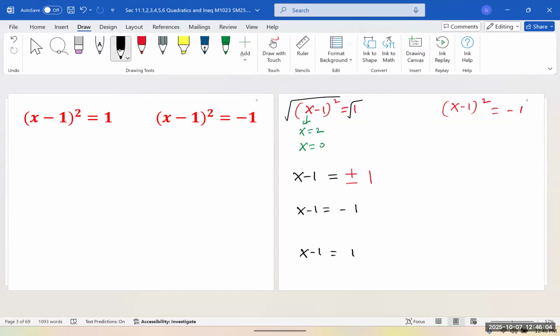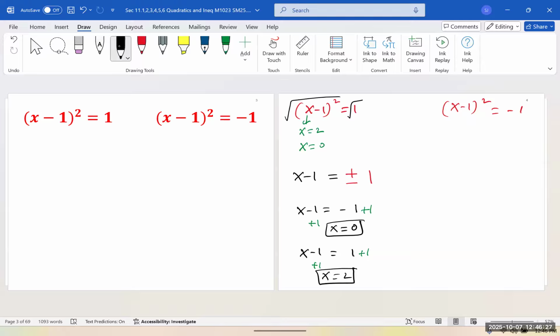There are 2 choices. Now, when you try to solve for x, what do we need? Add 1 on both sides, right? So first one gives us x equals 0, and second one gives us x equals 2. Do you see?